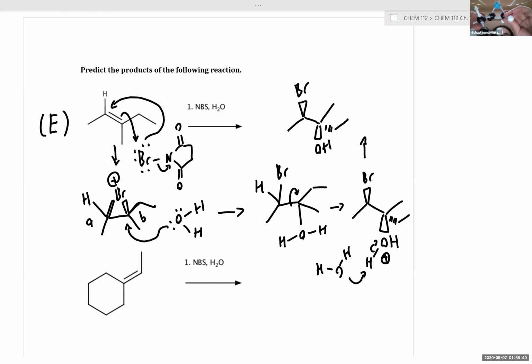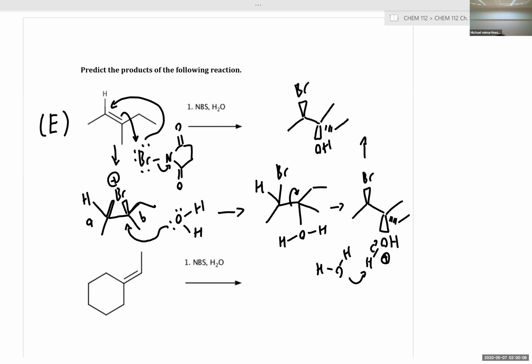Here we go. As we can clearly see, both of our methyl groups are cis to each other. Then we attack our bromonium intermediate from the most substituted carbon. So in this case, we're attacking from the carbon with the ethyl and the methyl group.